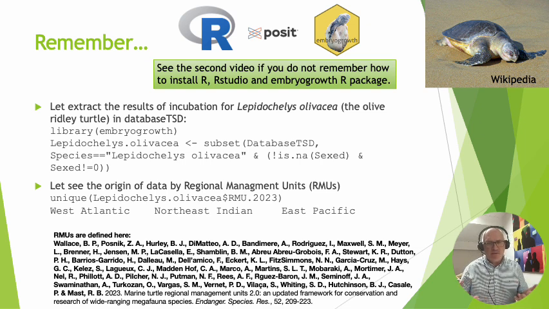Using this data, we saw that there were 3 different RMUs represented: West Atlantic, Northeast Indian Ocean, and East Pacific. An RMU is defined as a sort of geographical entity within a species.